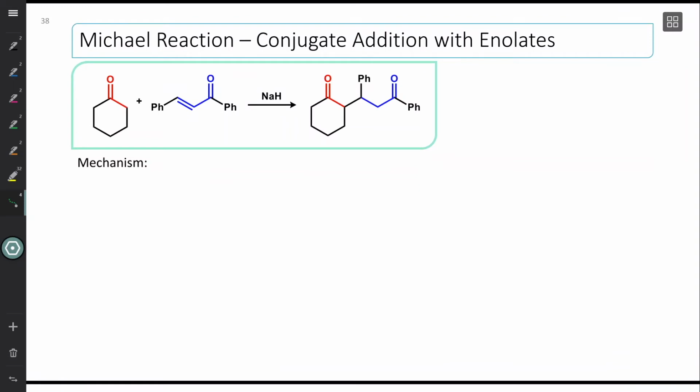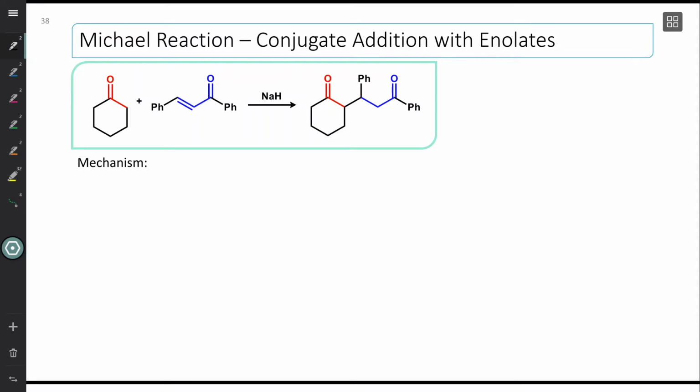So the Michael addition is just that. It is a reaction of an enolate with a conjugated carbonyl. Let's look at this mechanism.